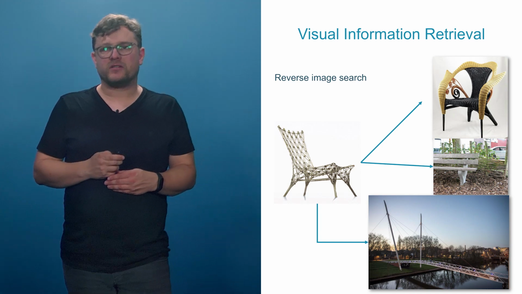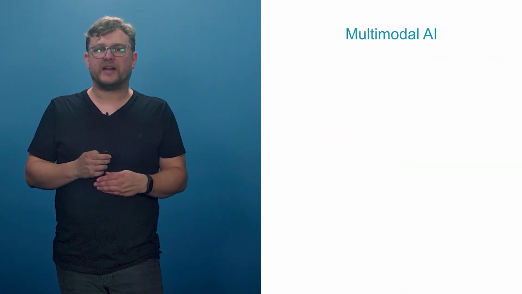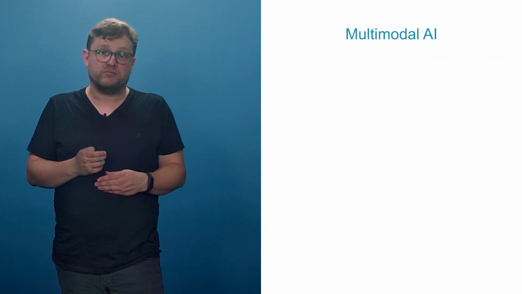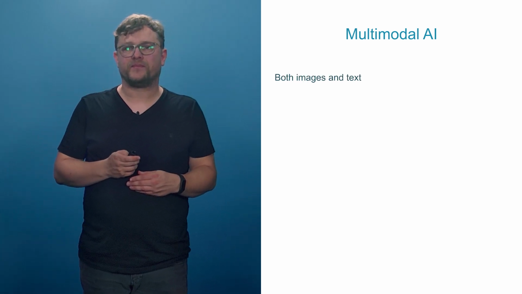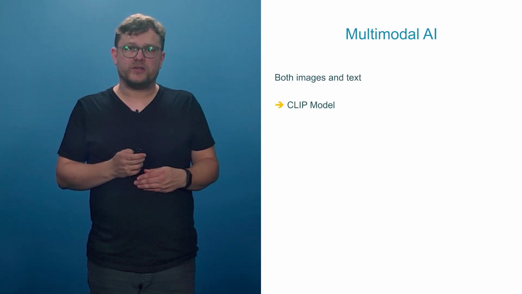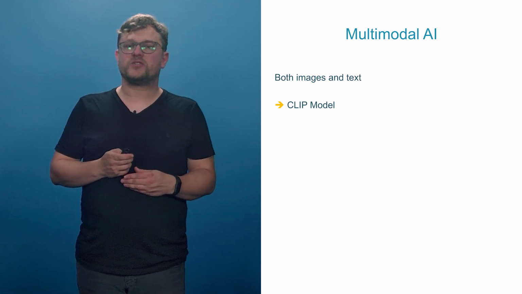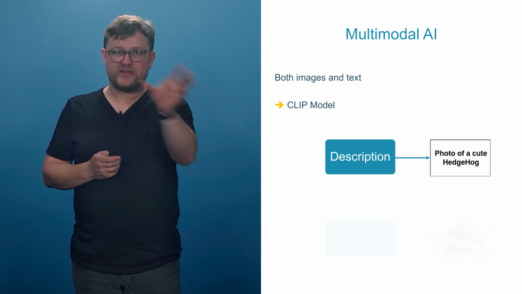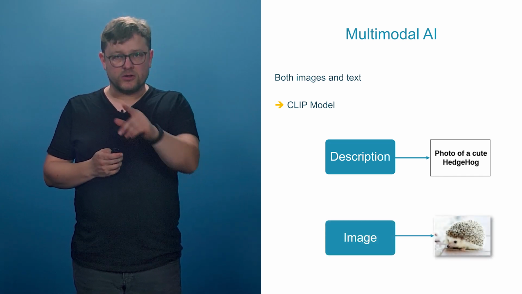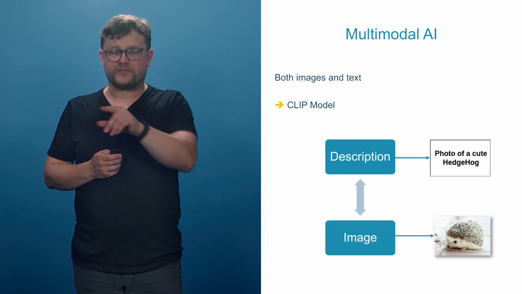The model behind all of this is a multimodal AI. Multimodal means that it can work with both images and text at the same time. The CLIP model we used is a deep learning model that is trained on pairs of images and descriptions. So you have descriptions and you have the image. And the model learns to relate those two.